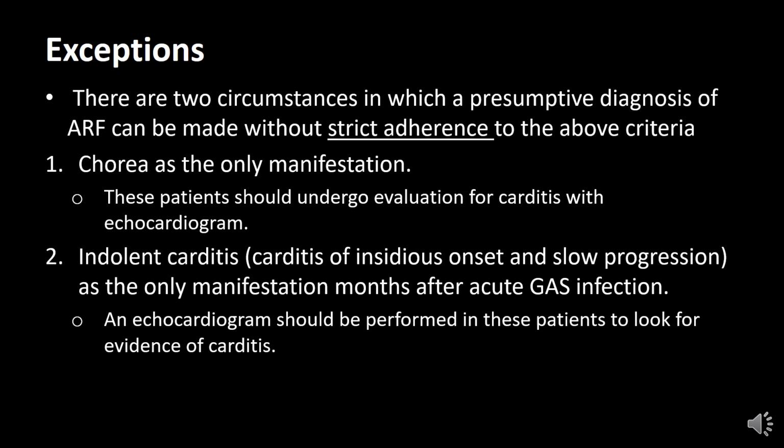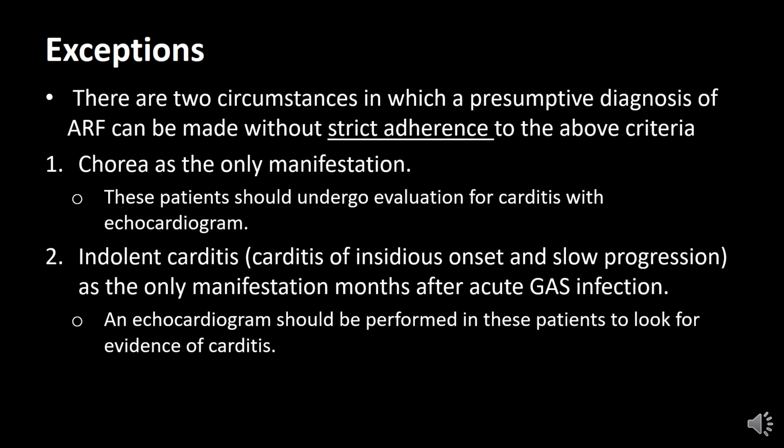These children, again, a diagnosis of rheumatic fever can be made without strictly following the Jones criteria of two major with the streptococcal evidence, or one major, two minor and streptococcal evidence. So long as a patient presents with chorea alone, that patient can be diagnosed as having acute rheumatic fever. What else must be done for this child?